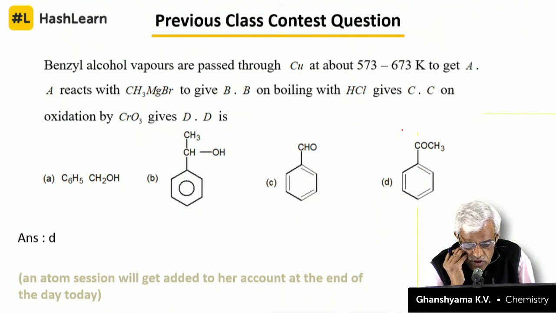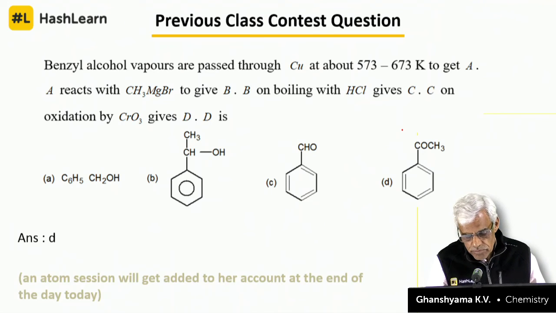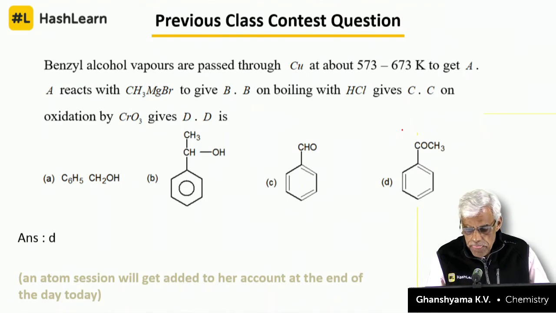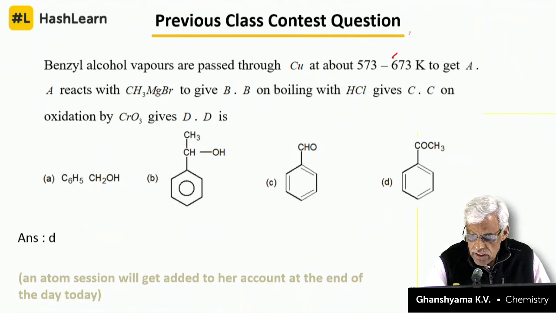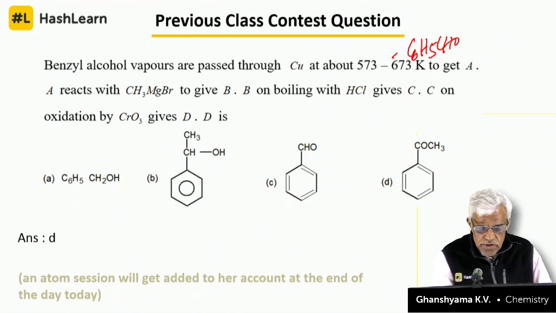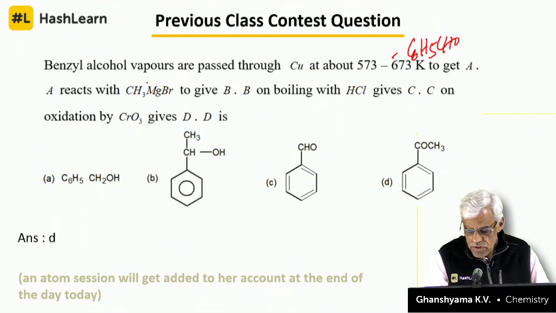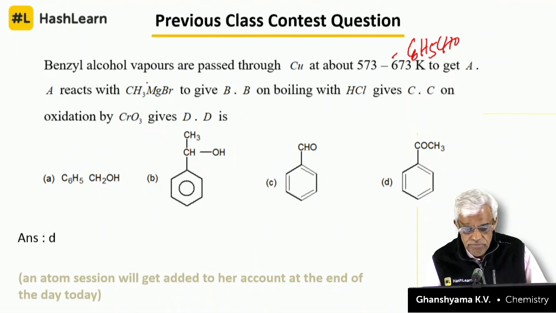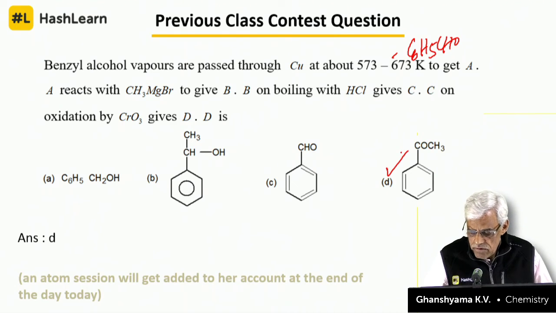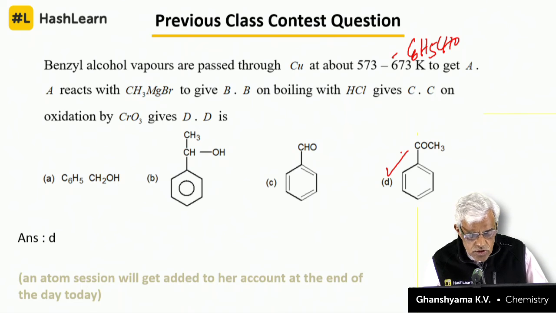Previous class contest question. Benzyl alcohol vapors are passed through copper at 573 to 673 Kelvin to get A. Benzyl alcohol will give benzaldehyde. This reacts with CH3MgBr to give B. B on boiling with HCl will give D, acetophenone.